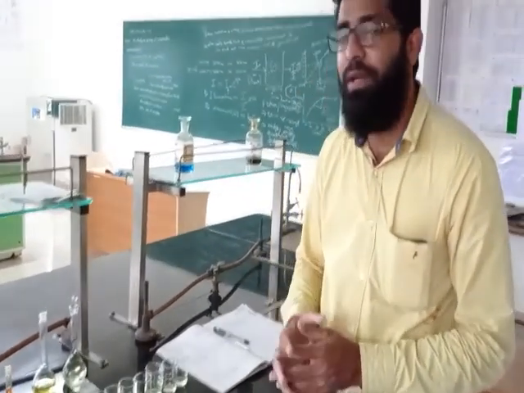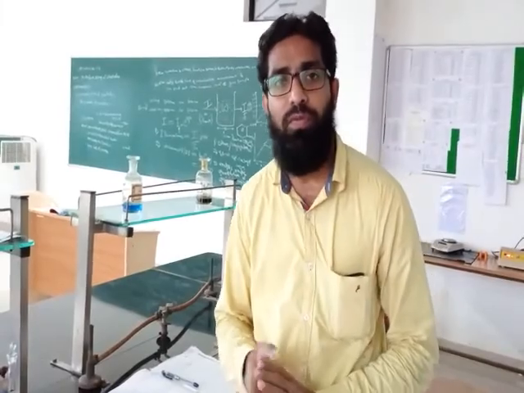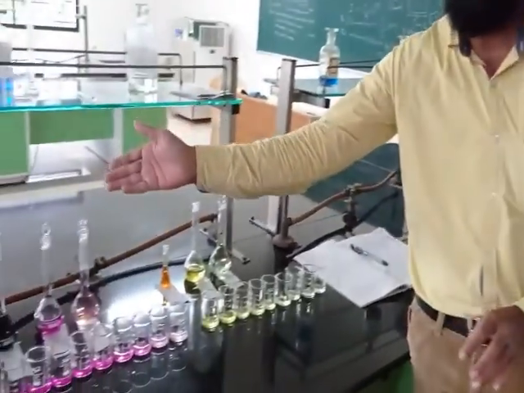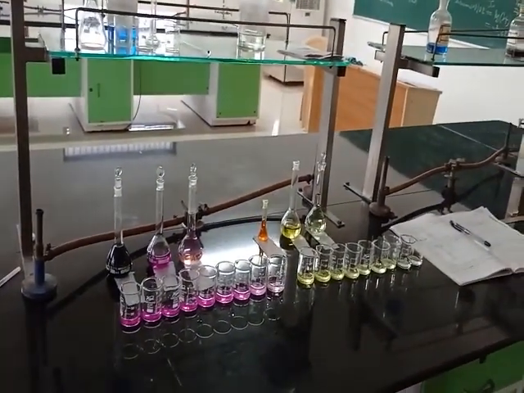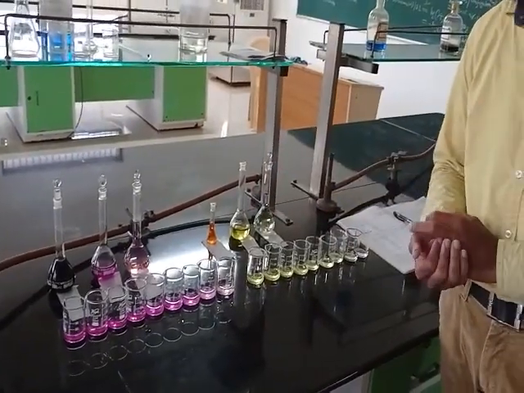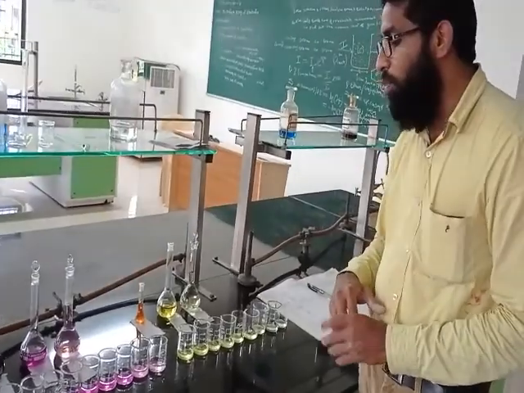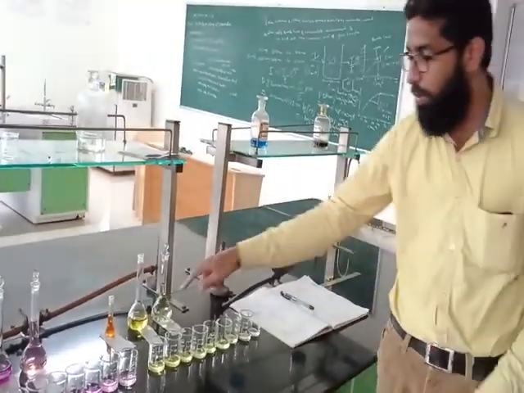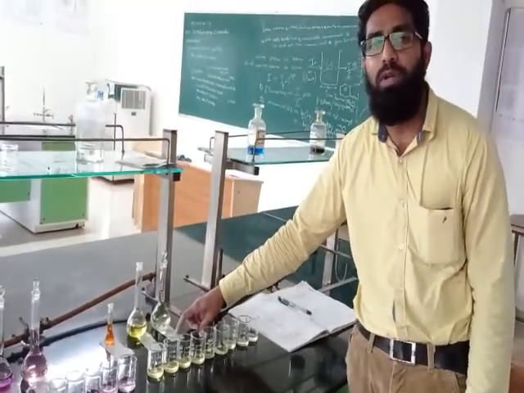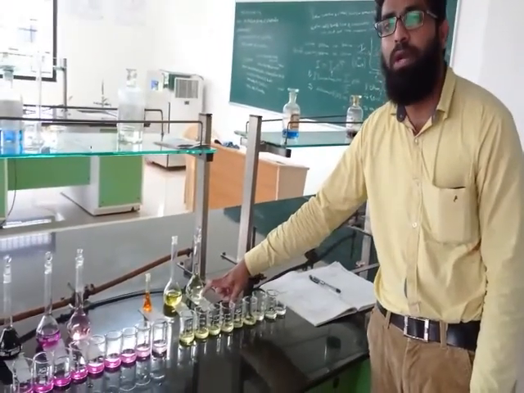Now we are going to identify the lambda max, means selection of filter, for KMnO4 and K2Cr2O7. Okay, these are the three solutions prepared: 1 normal, 0.01 normal and 0.001 normal K2Cr2O7.